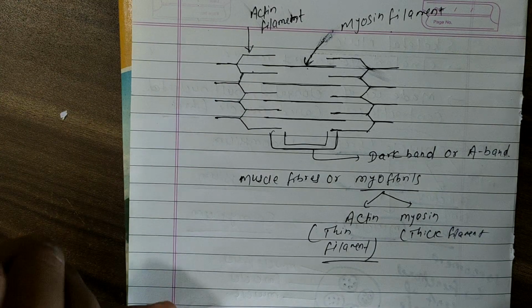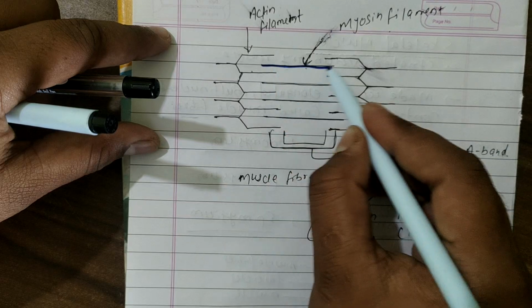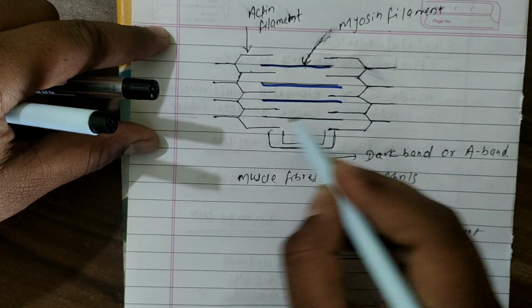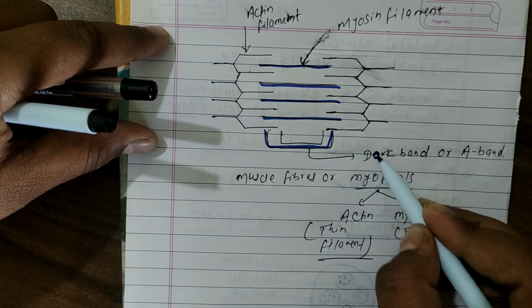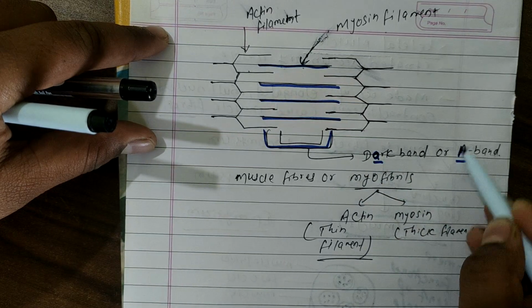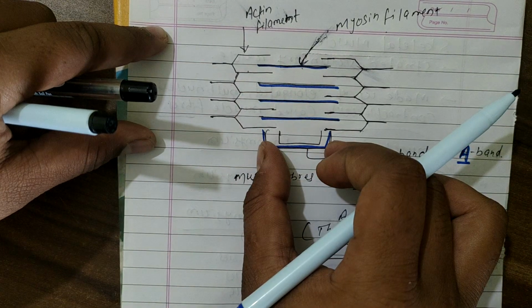This myosin portion is known as the dark band, the A band.